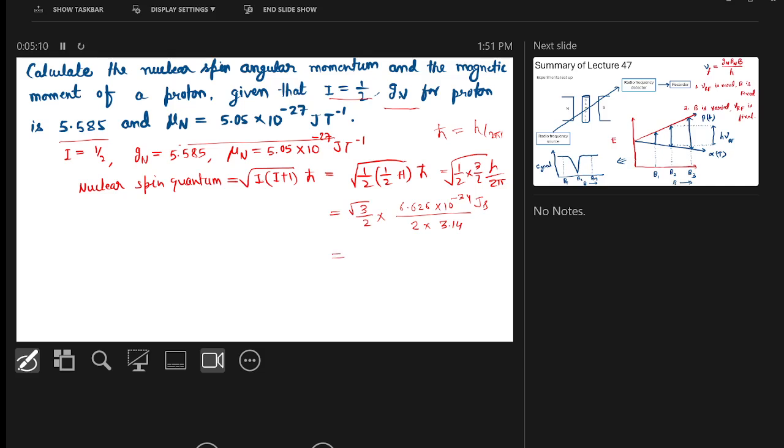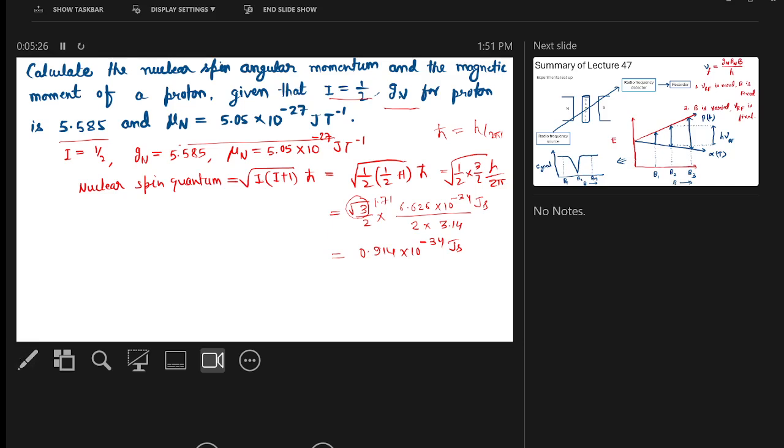After solving this, you will get something like 0.914 times 10 to the power minus 34 joules.